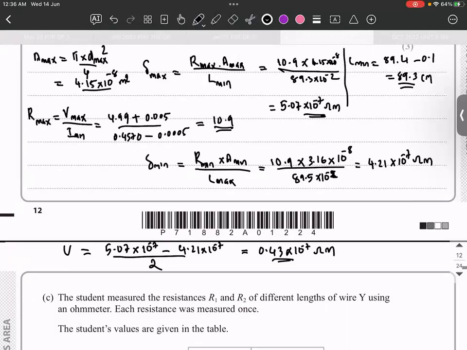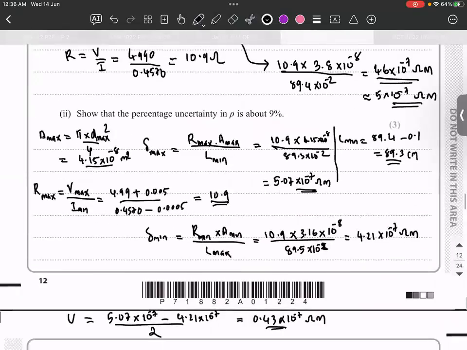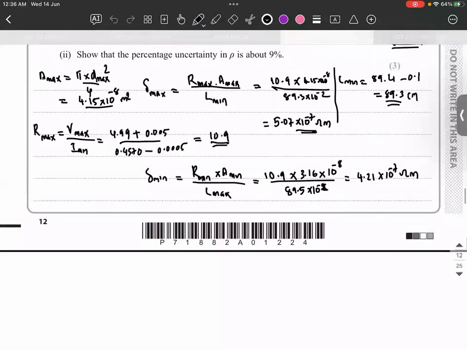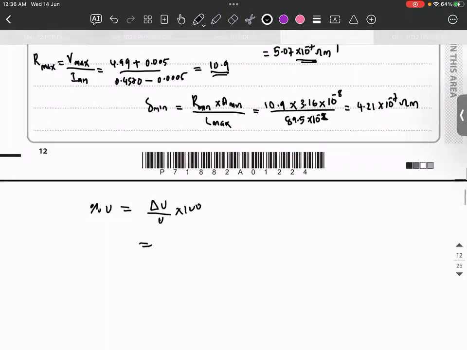Now, if you want to find the percentage of the uncertainty, I'll add a paper here. If you want to find the percentage of the uncertainty, that is the change in this uncertainty divided by the original value into 100. So the change is actually the change in rho divided by rho into 100.